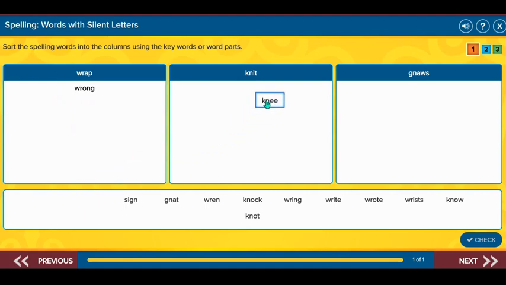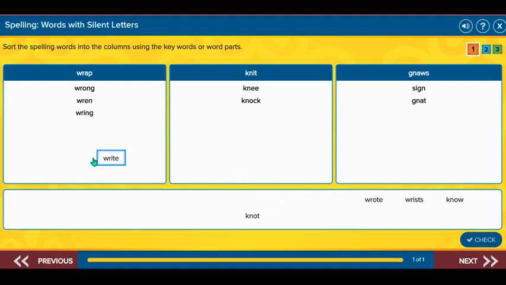Wrong, knee, sign, gnat, wren, knock, ring, write, wrote, wrist, no, not. And let's check our answers.